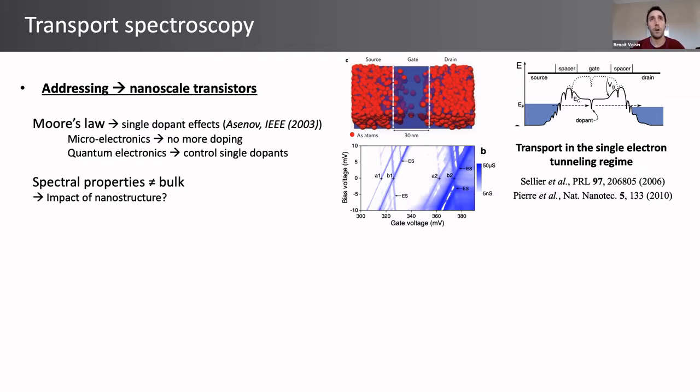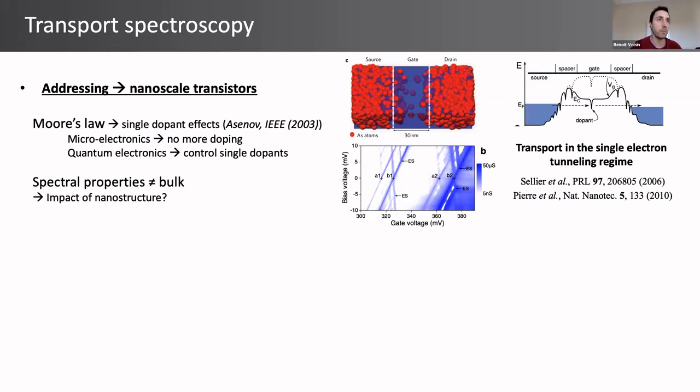If you measure the current flowing through the transistor as a function of the gate and the bias voltage, you can evidence these Coulomb diamonds here, which are the highlight of Coulomb blockade transport in such devices. This was done in the mid-2000s and 2010.